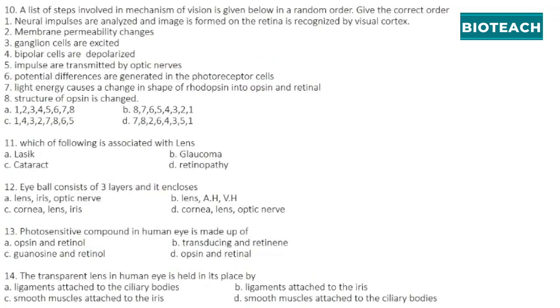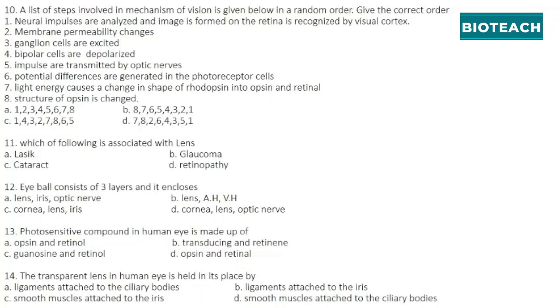Question number 10. A list of steps involved in the mechanism of vision is given below in random order. Give the correct order. 1. Neural impulses are analyzed and the image formed on the retina is recognized by the visual cortex. 2. Membrane permeability changes. 3. Ganglion cells are excited. 4.